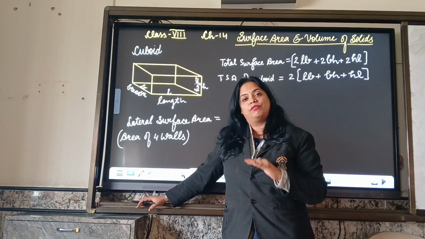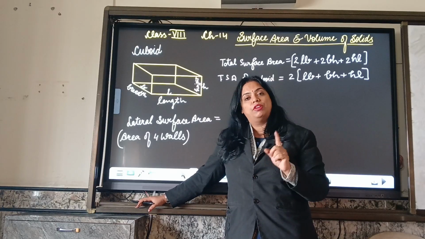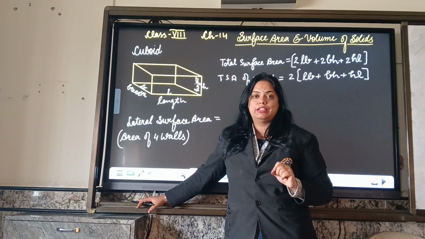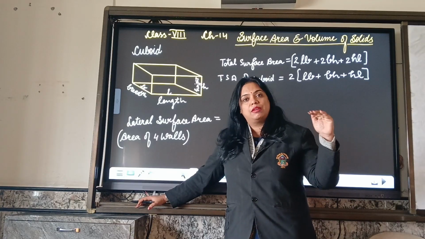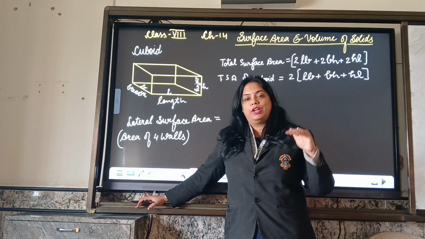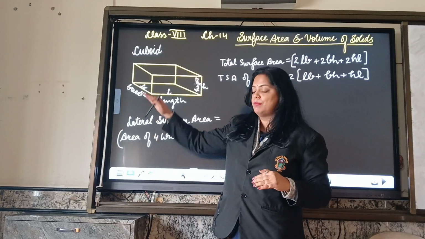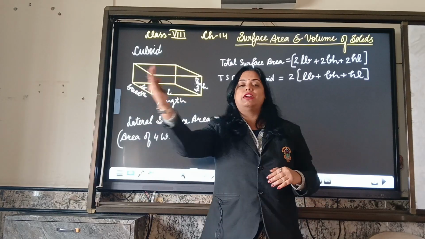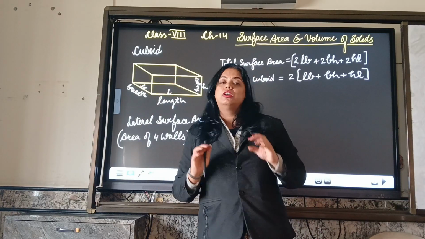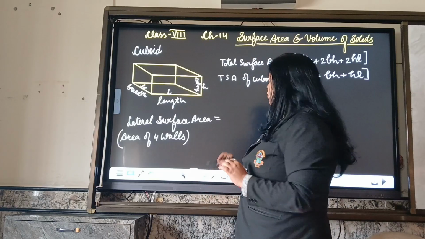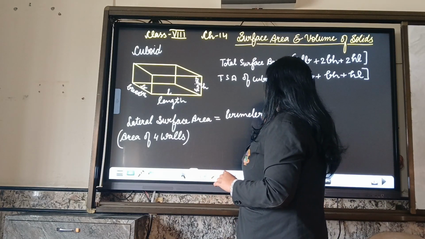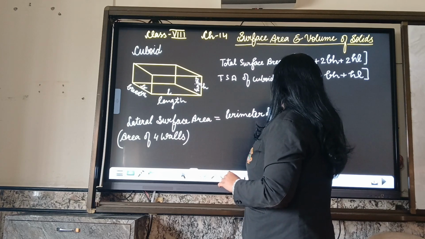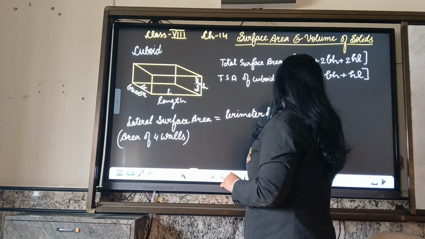My room is in the form of a rectangle, so I will use the perimeter of the rectangle, and for making a wall I need some height. With the help of bricks, I will create some height on the boundaries, so it will look like a wall of the plot. So for the wall, our formula should be perimeter of rectangle multiplied by height.